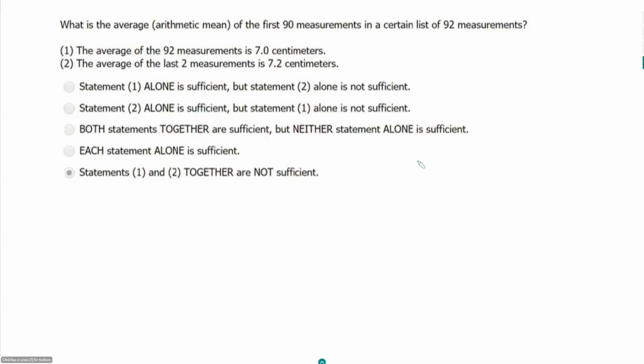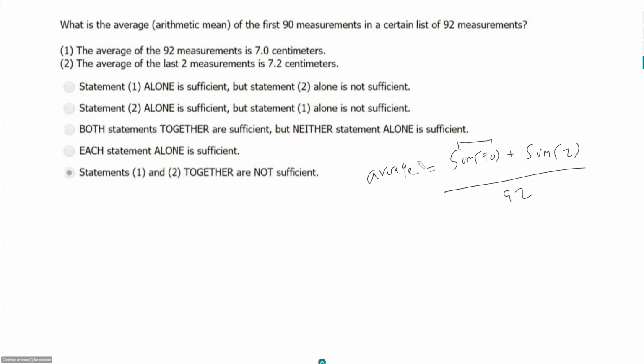Or if I want to, I can write that as average is equal to, so I could break my sum up into the sum of the first 90 measurements plus the sum of my final 2 measurements all over 92.